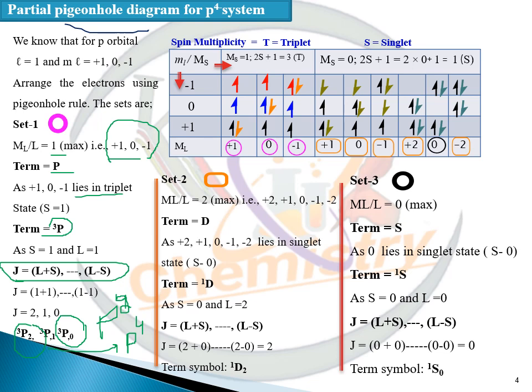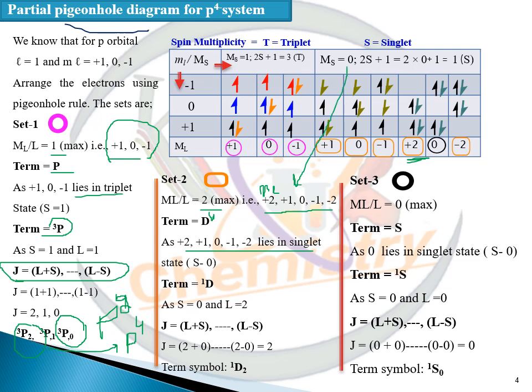Now set 2, where the ml value is 2, meaning higher ml value, definitely the small ml value plus 2, plus 1, 0, minus 1, minus 2. The term will be D, because L is equal to 2, as this plus 2, plus 1, 0, minus 1, minus 2 lies in the singlet state, where S is equal to 0 here.